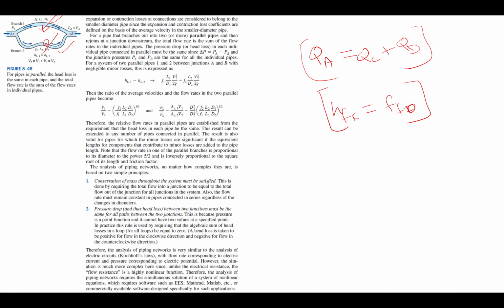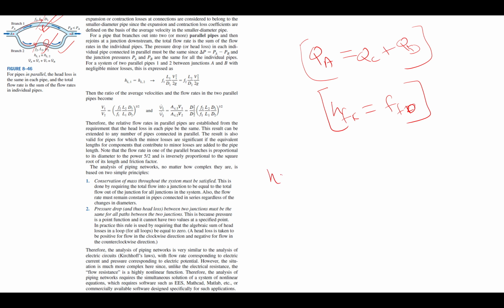So here is one very important concept. There might be some confusion due to one thing. Because here water is traveling in this direction and here water is traveling in this direction. So this pipe has a different loss, this pipe has a different loss.